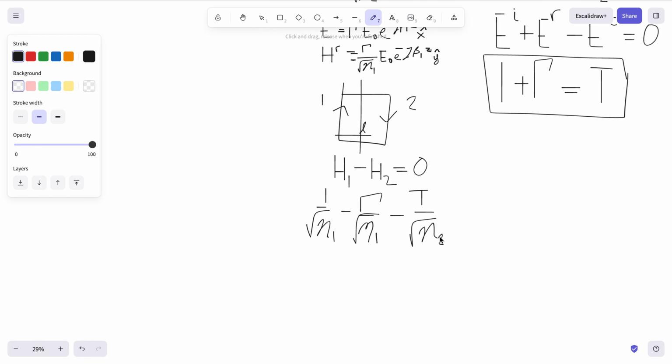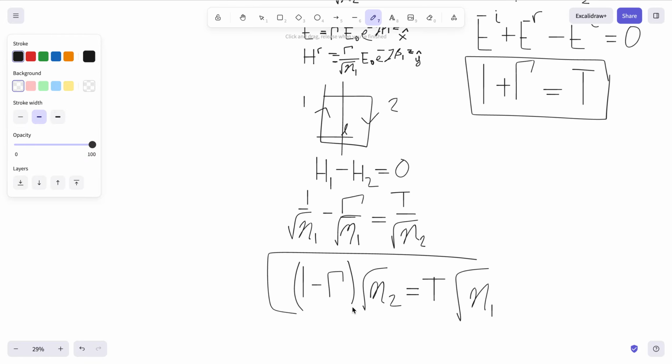And so this can be rewritten now as 1 minus gamma times the square root of mu 2 is equal to the transmission coefficient times mu 1.